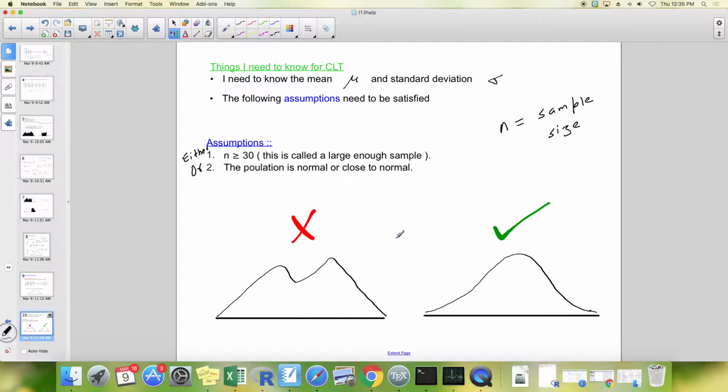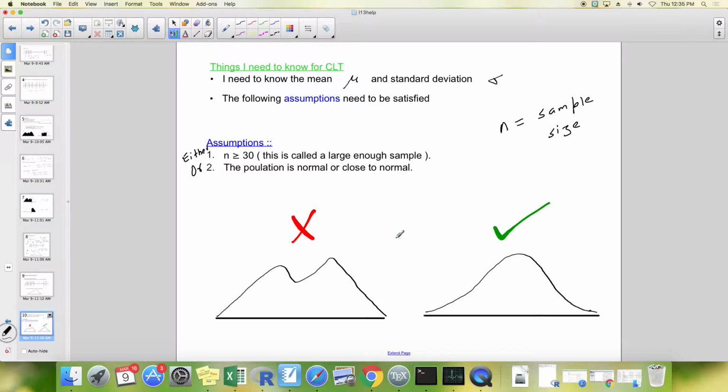So now you may be thinking, how do I know that? Sample size I can see. If you give me 35 data points, I know that n is 35, bigger than or equal to 30. But if you give me 35 points, how do I know that the population is normal or not? How do I check assumption number 2? That's a very valid question. You don't have to check for your exam problems.